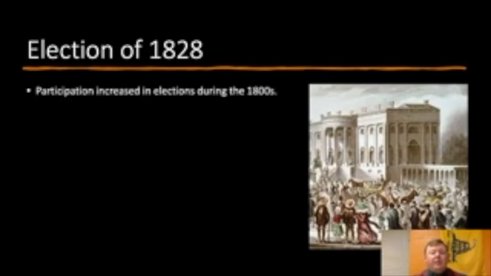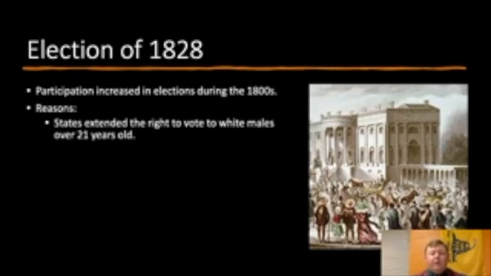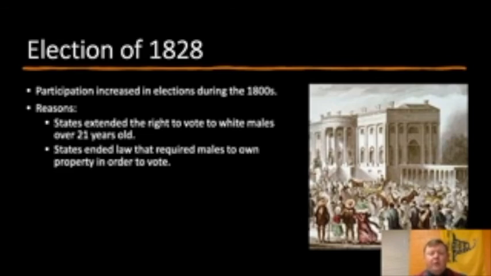Participation increased in elections during the 1800s, and there are really a couple of reasons for this. First, states extended the right to vote to white males over 21 years old. So males who were 21 could now vote. A lot of states ended the law that required males to own property in order to vote. So as long as you were a white male over 21, you could start voting in elections.